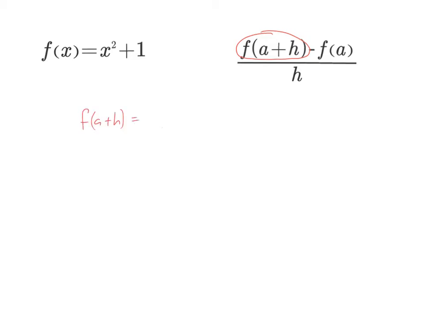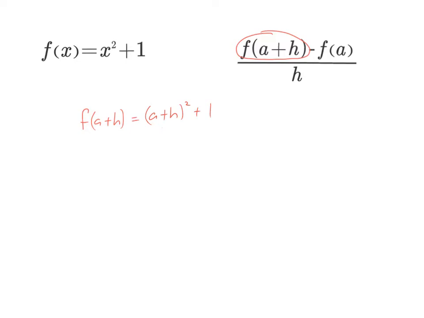Pretty much what that means is anytime I see an x here, I'm going to input a plus h in for x. So right here, I'm going to put in a plus h. And if you notice, I'm putting in parentheses, mainly because a plus h is squared, not just a or h.